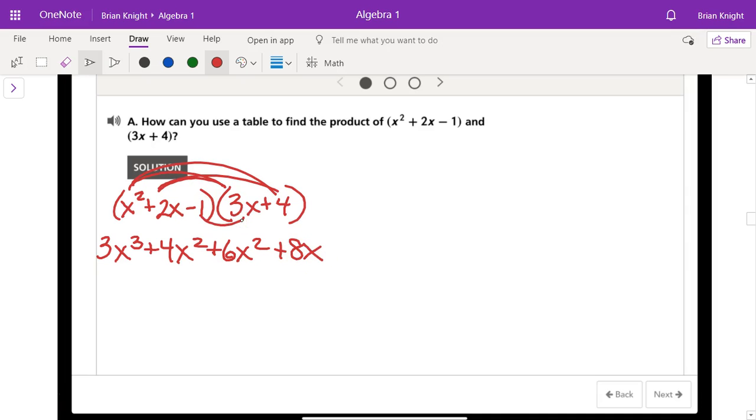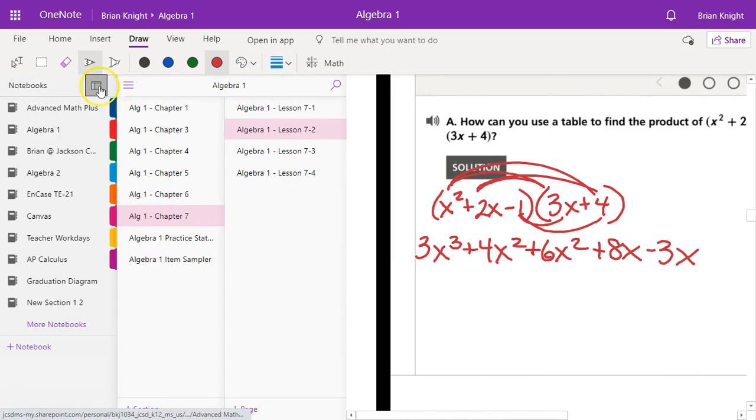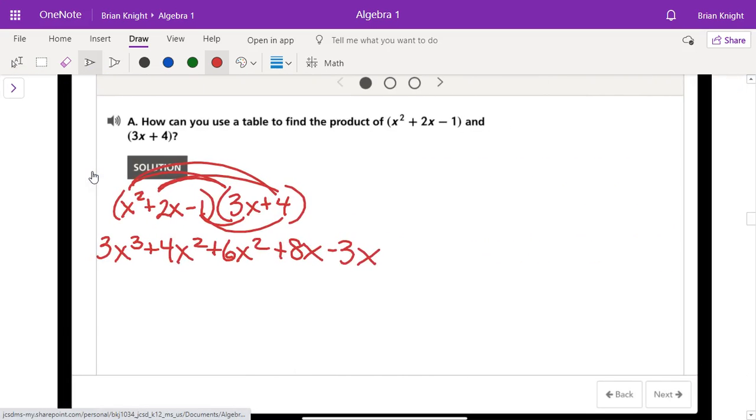Negative 1 times 3x. Negative 3x. Negative 1 times 4. Negative 4.